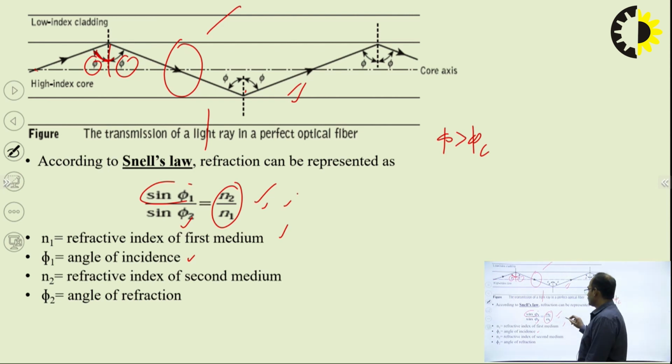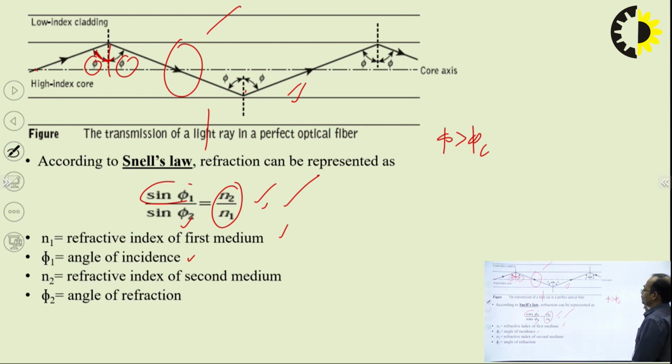So, this is Snell's law. According to Snell's law, we can find the angle inside the core and we can easily find the value of the critical angle as well as the numerical aperture.